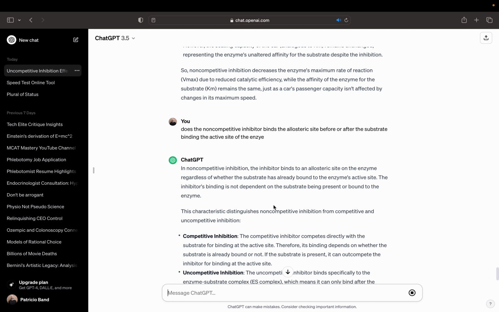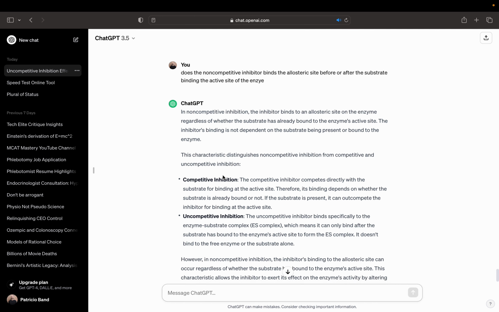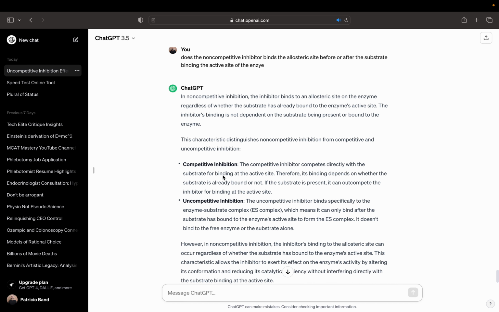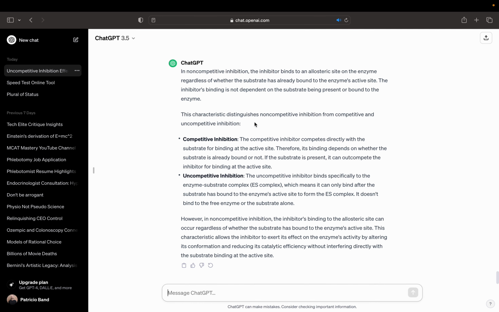The inhibitor binds to an allosteric site on the enzyme regardless of whether the substrate has already bound to the enzyme's active site. The inhibitor's binding is not dependent on the substrate being present or bound to the enzyme. This is what distinguishes non-competitive from competitive and uncompetitive inhibition. In competitive inhibition, the inhibitor competes directly with the substrate for binding at the active site.